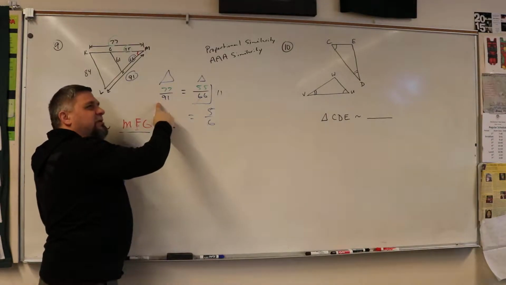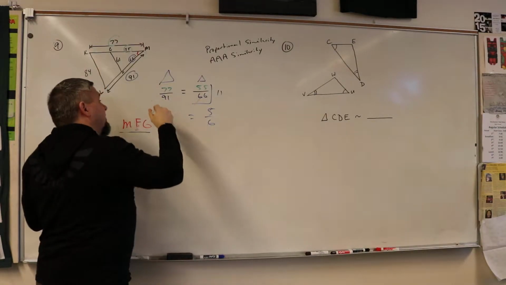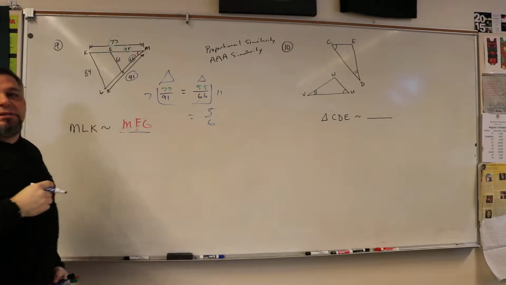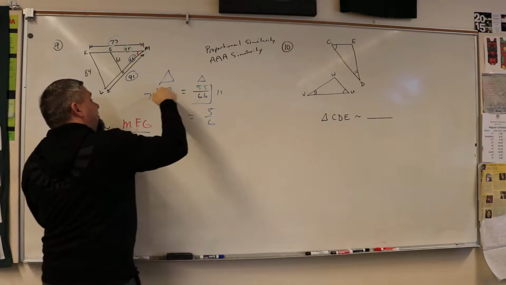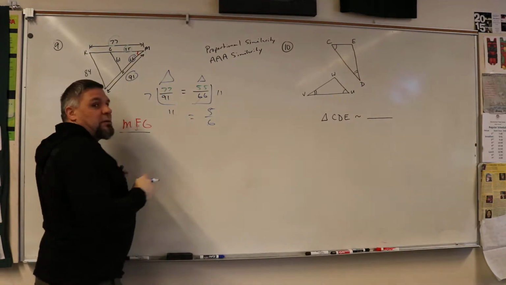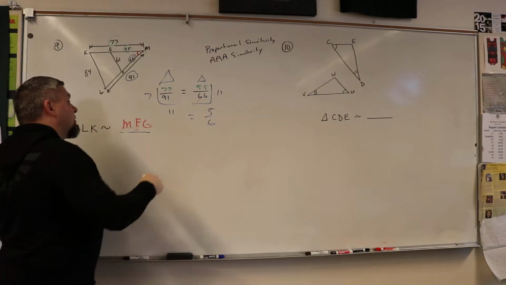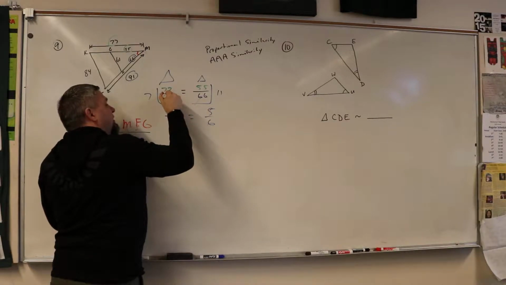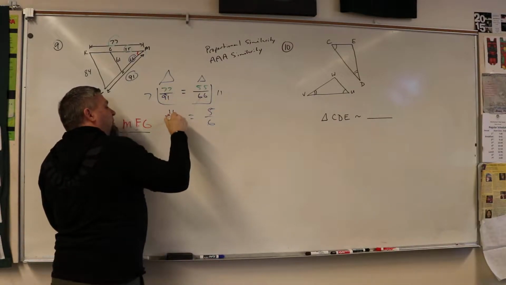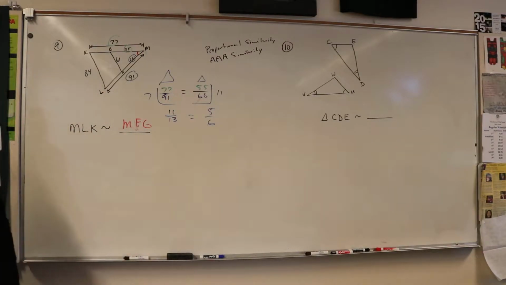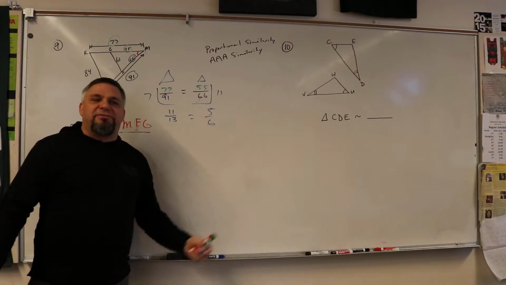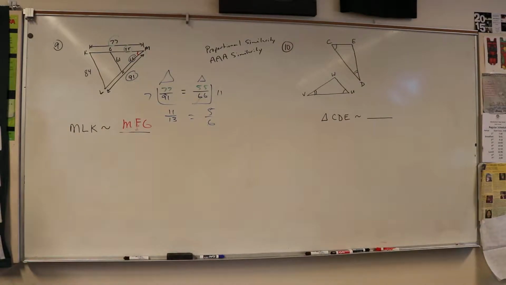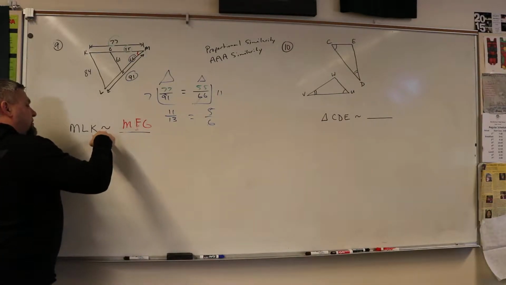Does 7 go into 91? Let's see. Oh yeah, it does. 7 goes into 91. 7 goes into 77. How many times? 11. And 7 goes into 91 thirteen times. So 11 13ths. So is 11 13ths the same as 5 6ths? No. So therefore this is not similar.